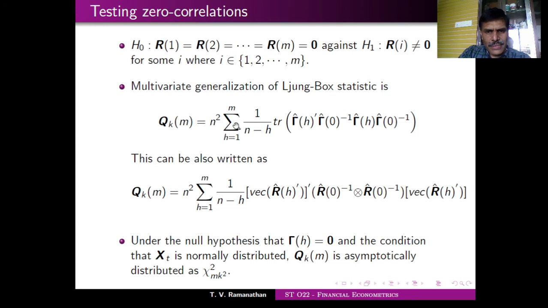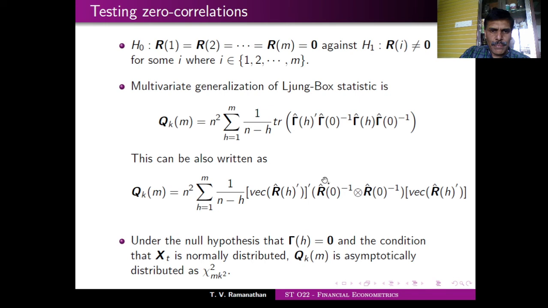Now you can write this in a slightly different way using the vec notation, because here is a trace, so we can connect the trace and the vec, and then it is possible to change these covariances into the correlation, because you know that this times this inverse should give me the correlation matrix.